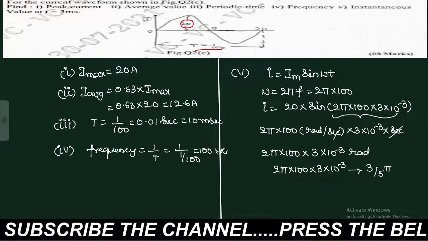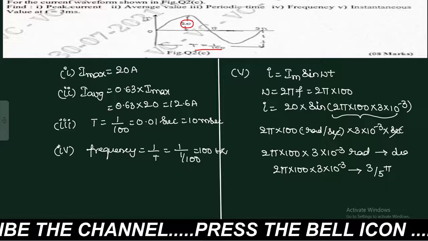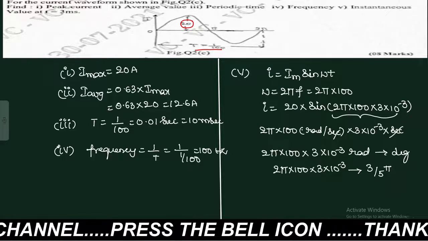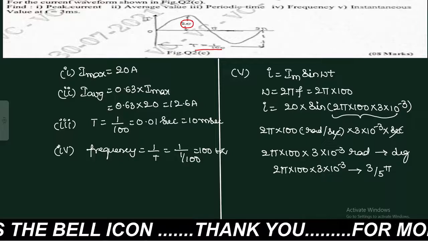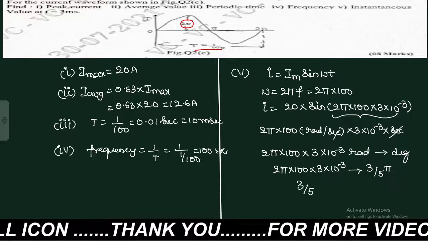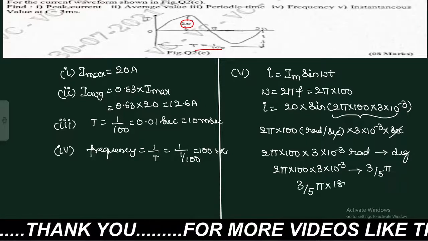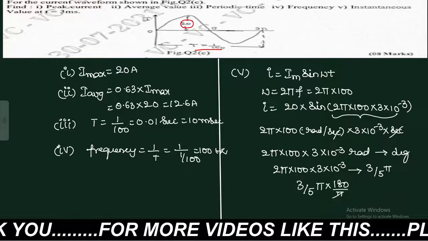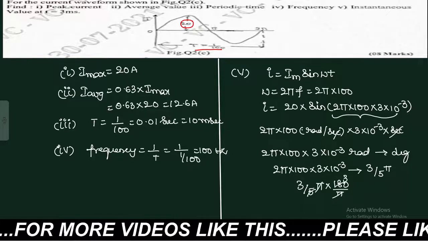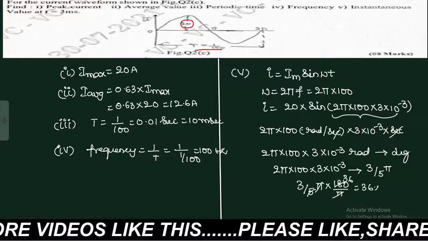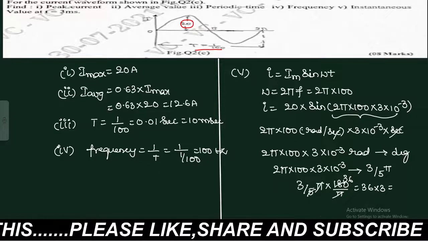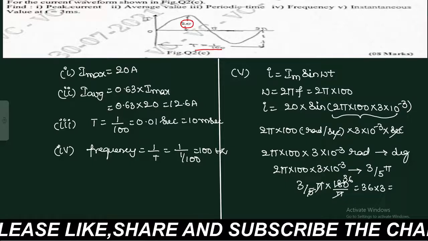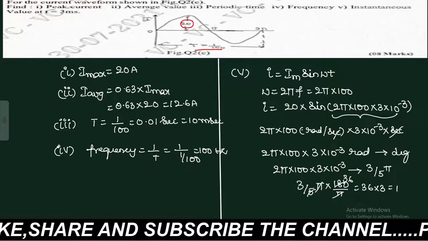But you have to convert this radians into degrees. For radians to degrees conversion we have to multiply with 180 by pi. So let us multiply that, 3 by 5 pi into 180 by pi. So pi will get cancelled, 36 into 3, approximately 108 degrees.